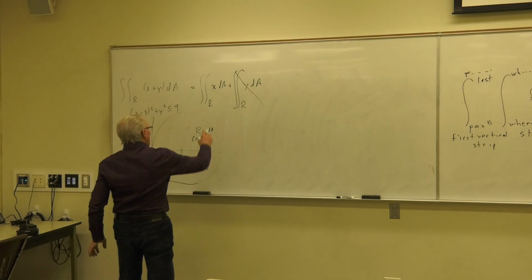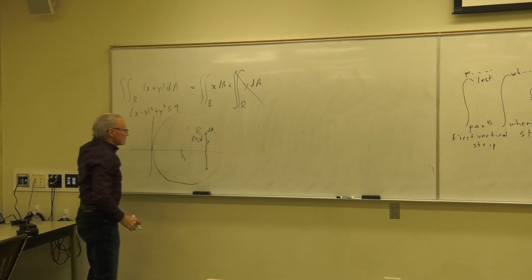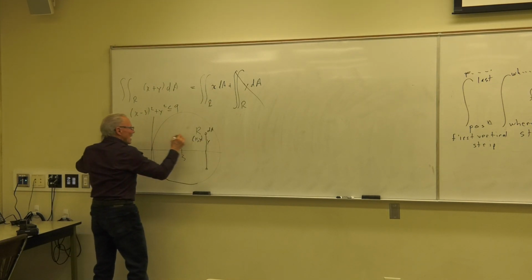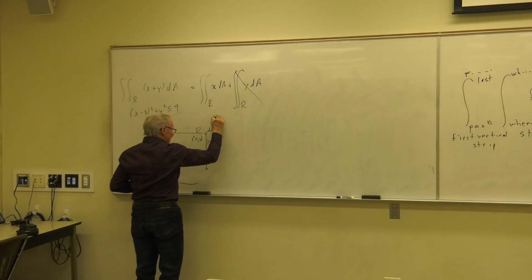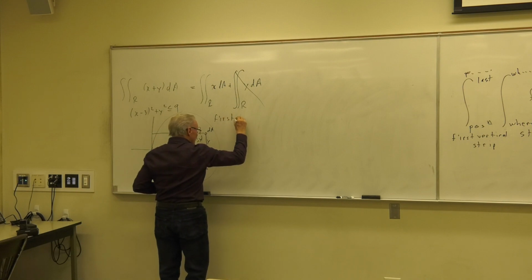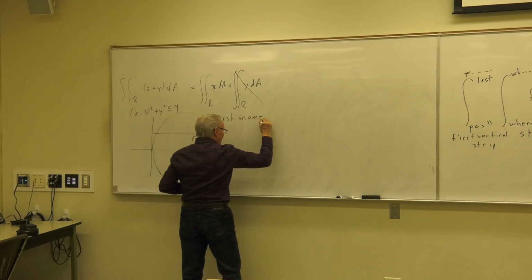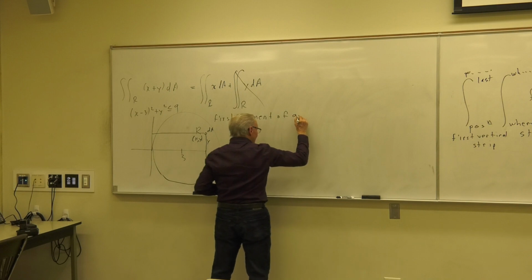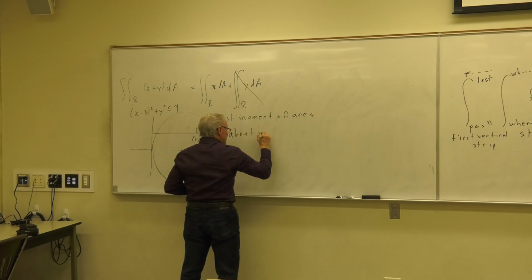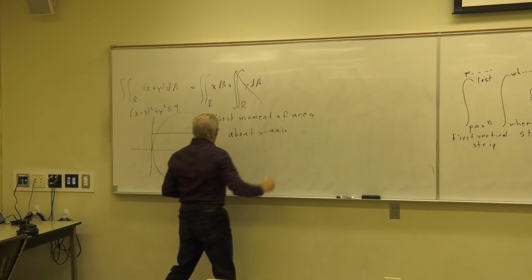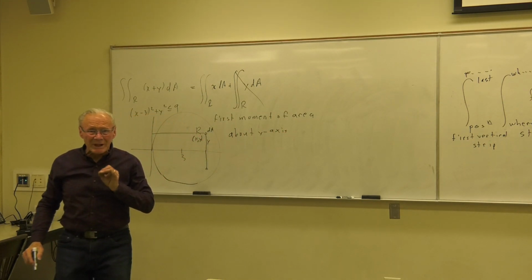All right, now back to this one. What does that represent? You're now multiplying the little piece of area by x. I could interpret this as first moment of area about the y-axis. That's its physical interpretation.